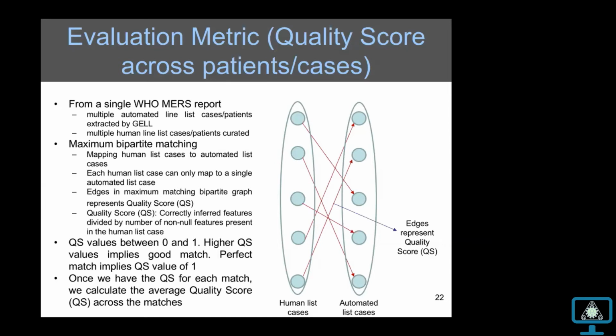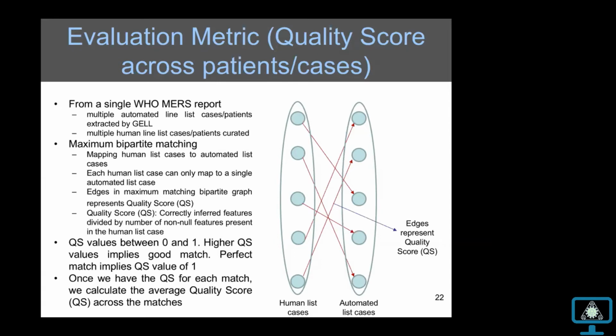So on the left is all the ground truth cases, on the right is all your extractions. And then you create these edges, and the weight of these edges corresponds to the quality of the match between some ground truth entry and one of the extractions that you have. And you can't match a single entry to multiple entries on the right or vice versa.